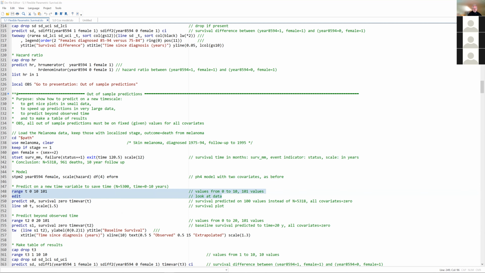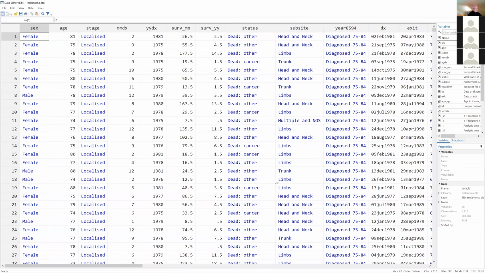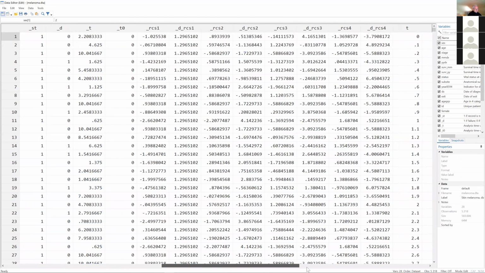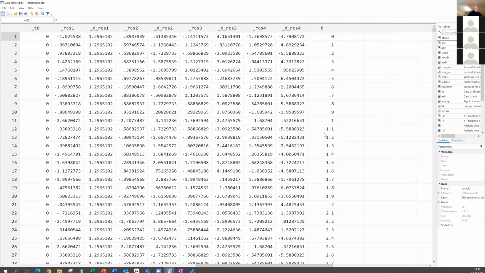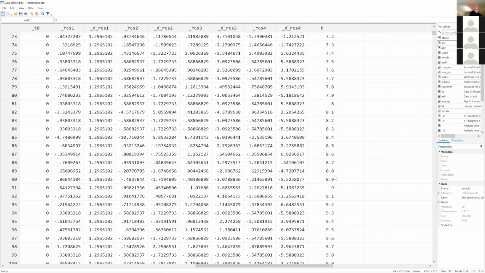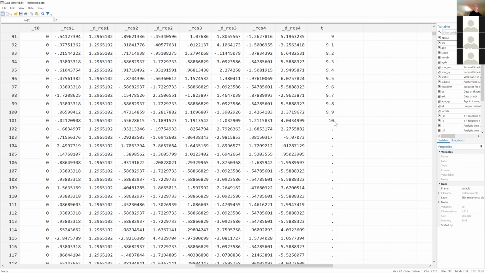Now I go to the data. And at the very end of my data, I should have my new time variable. Here it is. So this one, T, is now ranging from 0 to 10 years, and that's over 101 observations.